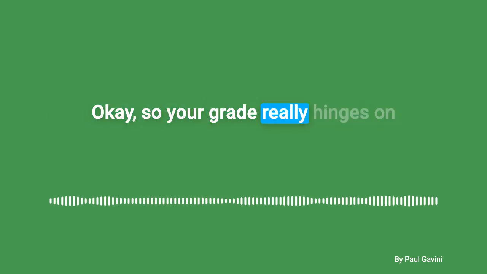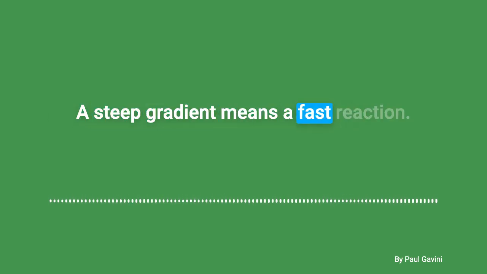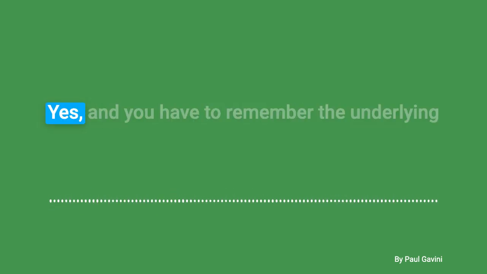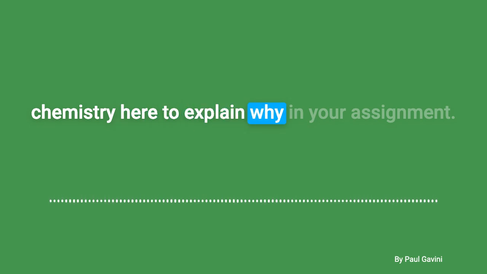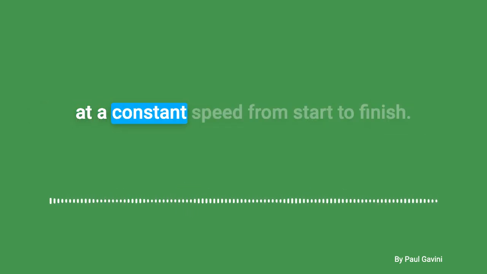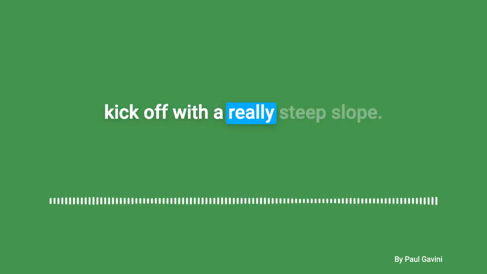Okay, so your grade really hinges on reading the story that slope is telling you. A steep gradient means a fast reaction. A flatter section means it's sluggish. Yes, and you have to remember the underlying chemistry to explain why in your assignment. Never assume a reaction chugs along at a constant speed from start to finish. Right, because they almost always kick off with a really steep slope.